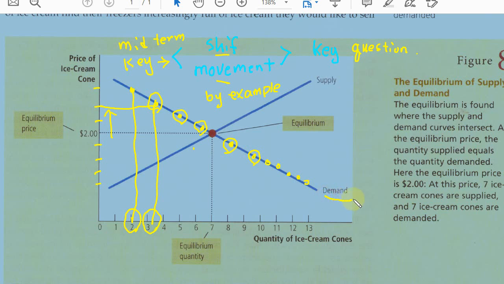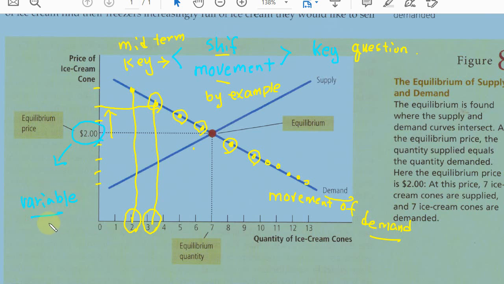In the case of the demand line, it is the movement of demand. The movement of demand is determined by what? By pricing only.